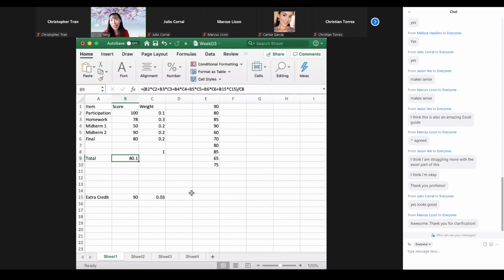Now you are raised to 80. That's the whole point of extra credit. I'm giving you 3% for free. You do the extra credit, and depending on how well you perform, you get some addition. So that 3 additional percent is not built into the division of the calculation. So it's free for you. Other questions?